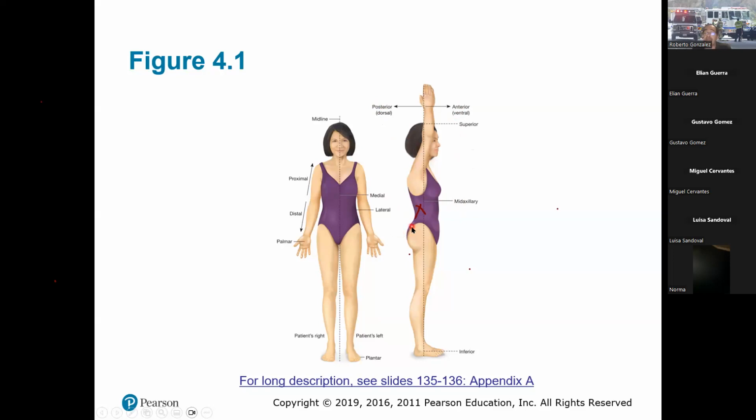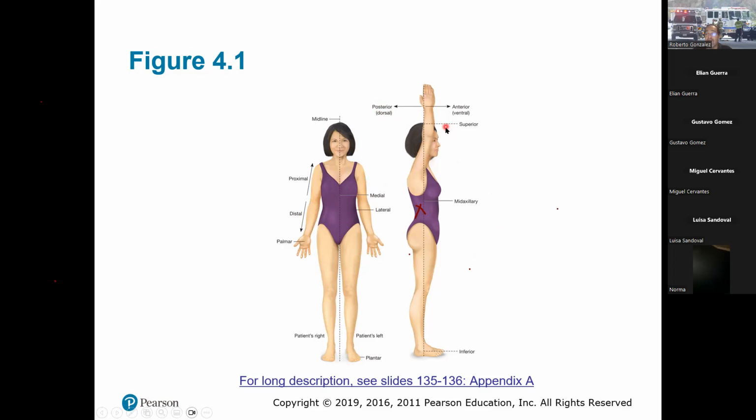Think about this: you're a guy from the 1900s and you talk properly, and you see a woman pass by, and you tell yourself, "Isn't she got a good posterior?" I don't know if anything else is going to make you remember it, but remember, posterior is towards the back, and anterior is towards the front. Dorsal means to the back, and ventral means towards the front.